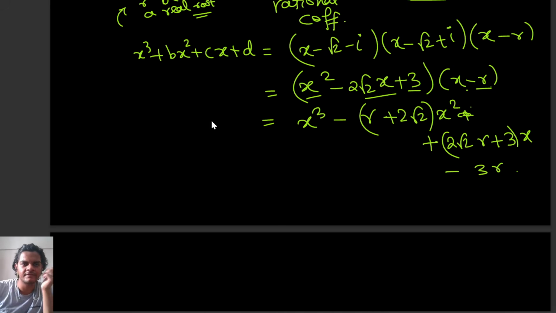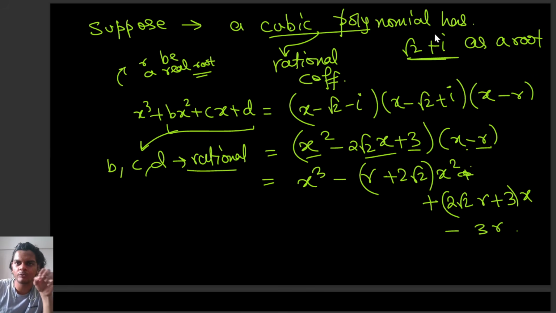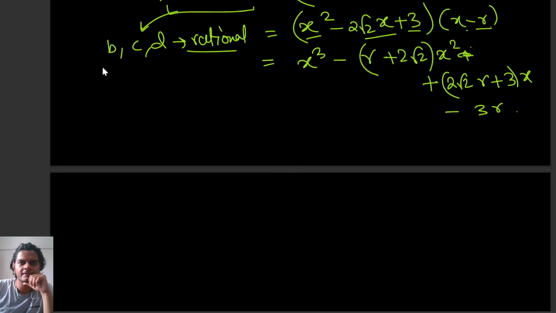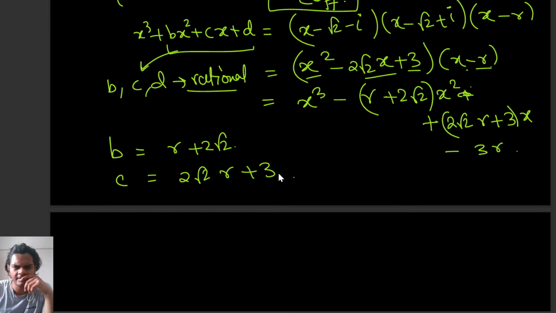So comparing the coefficients here, I hope you remember that b, c, d are rational numbers. That is the assumption. Our assumption is a cubic polynomial with rational coefficients, right? So that means comparing the coefficients, b is equal to r plus 2 root 2, sorry, and c has to be 2 root 2 r plus 3, right?